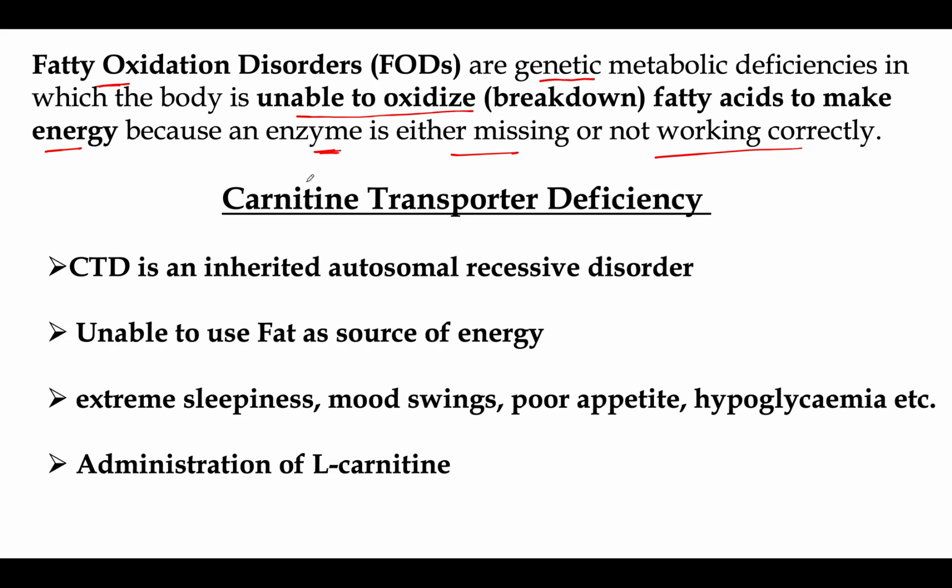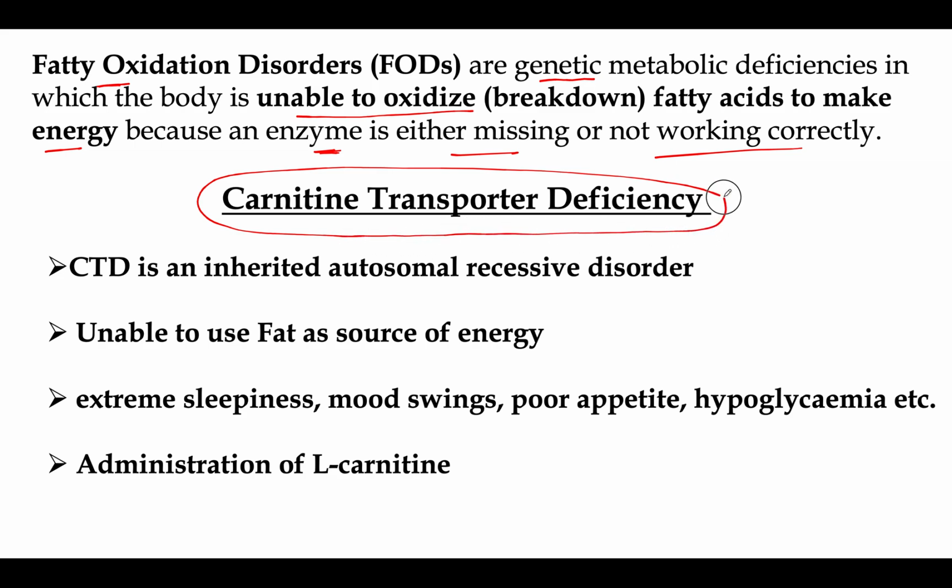The most important of these fatty acid oxidation disorders is the carnitine transporter deficiency. Carnitine transporter means carnitine in these people is absent, and this is an autosomal recessive disorder, so it's a very uncommon disorder.